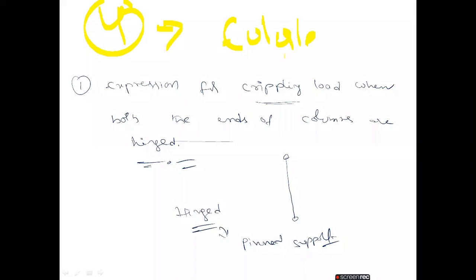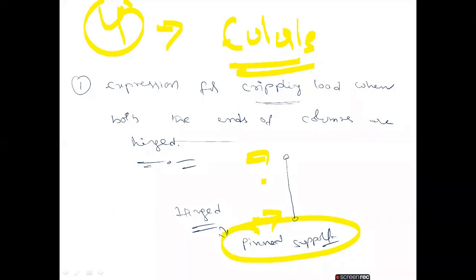Especially in Euler's theory, we have expressions for each column, and each case is different. Now if you observe Euler's theory, the first condition is the expression for the crippling load when both ends of the column are hinged. That means this is a hinged support and this one is also a hinged support. Hinged support is nothing but pinned support.